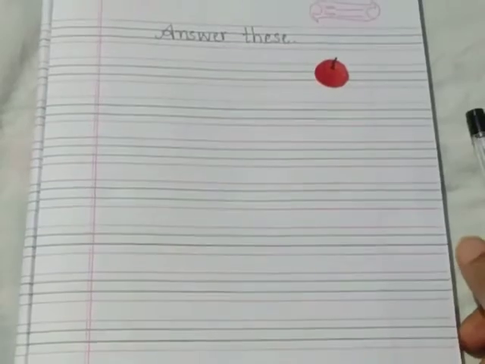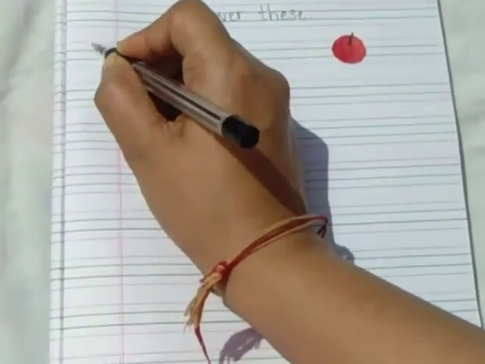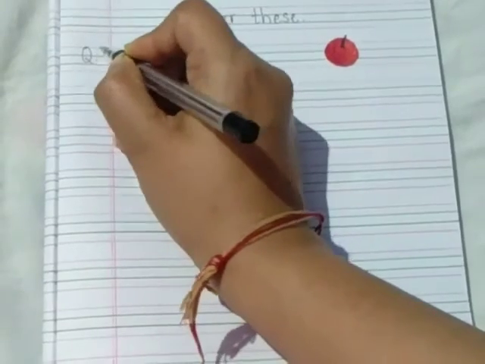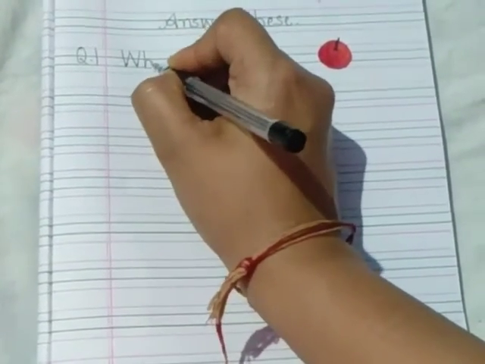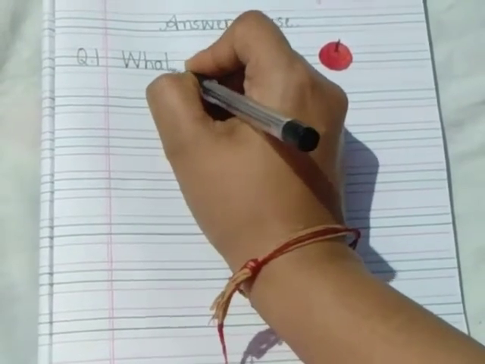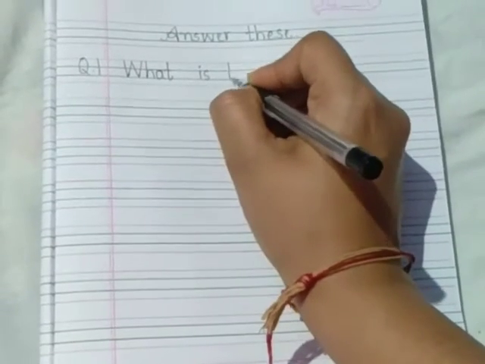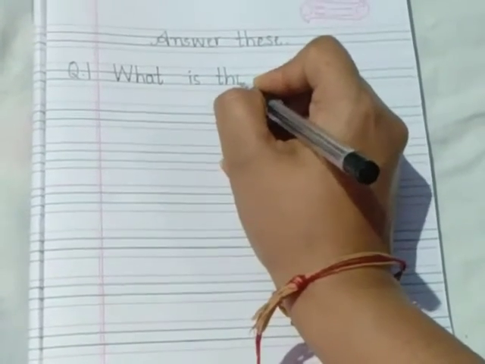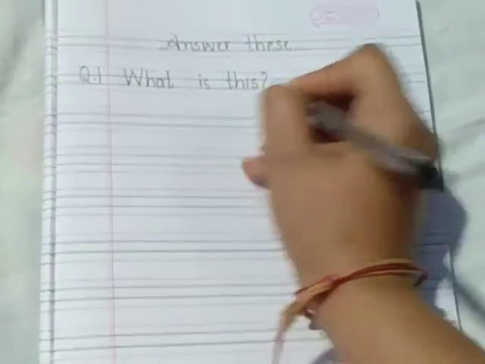Can you tell me what is this? Yes, orange. So, how we are going to write it? I'm going to write question number 1. What is this? Do you know orange starts with letter O, and O is a vowel.